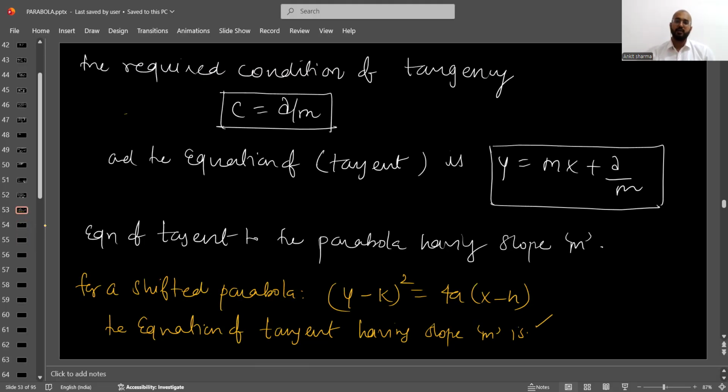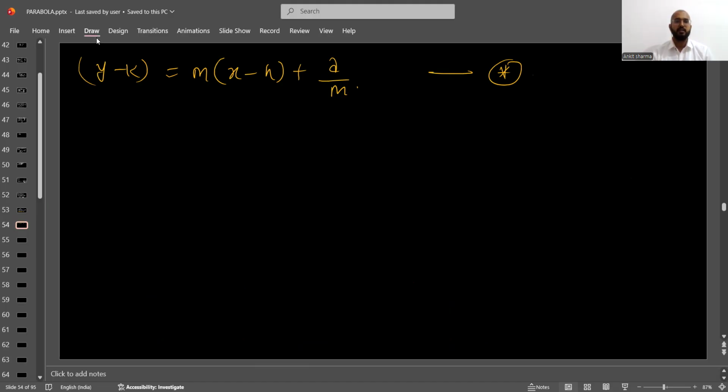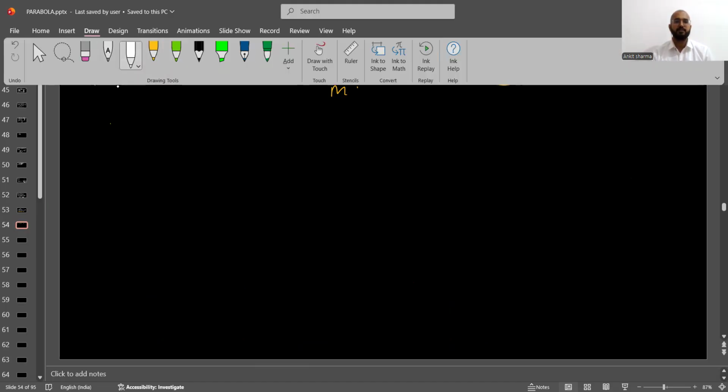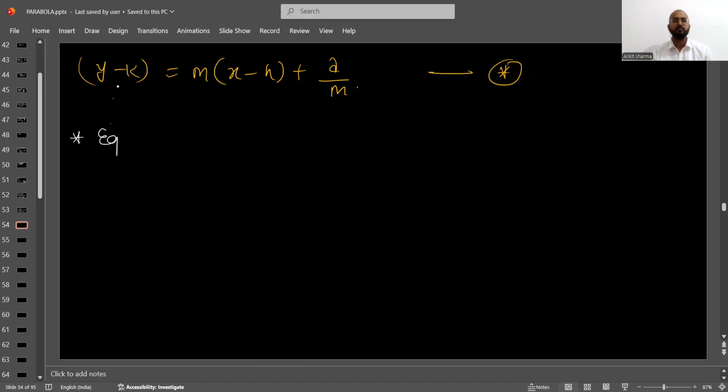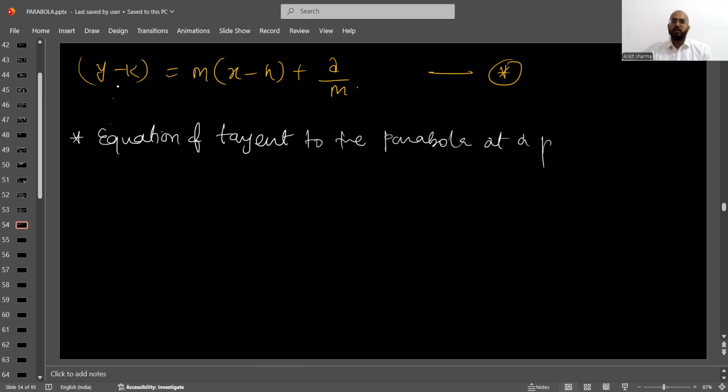Now this is the equation of tangent to the parabola having slope m, and we know the condition of tangency. Now let's write the equation of tangent to the parabola at a point. So the equation of tangent to the parabola at a point P, x1, y1 on it.